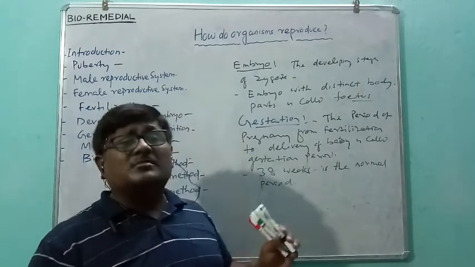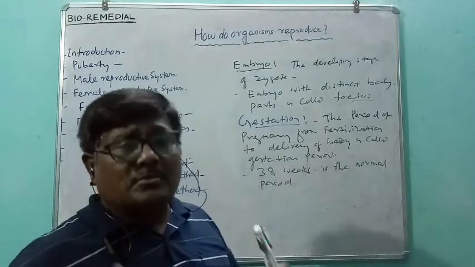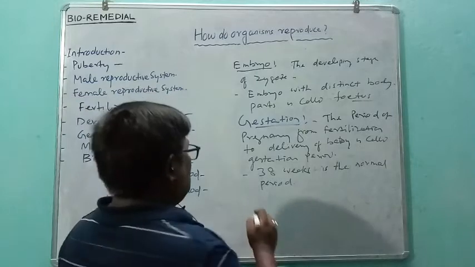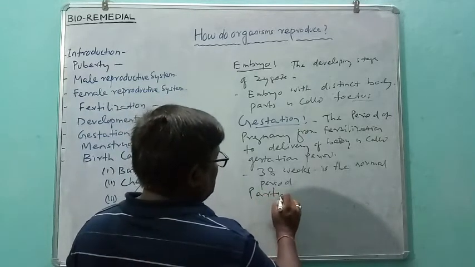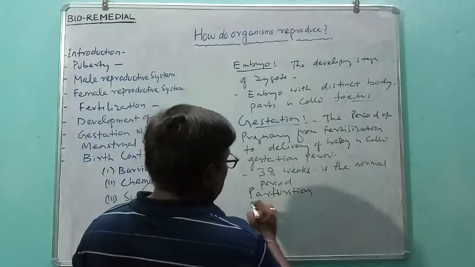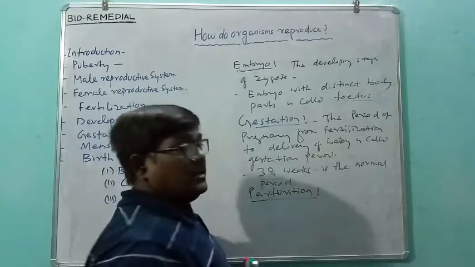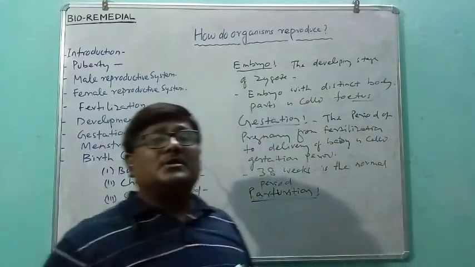Gestation period is all about the time when the baby completely develops. After 38 weeks, the baby is delivered out. That process is called parturition. Parturition is a natural process in which the baby comes out from the mother's uterus to outside.